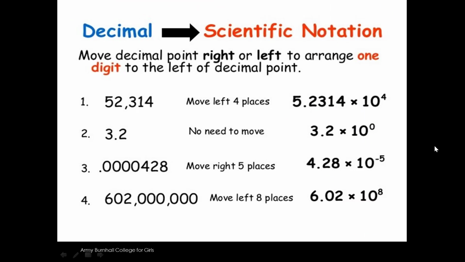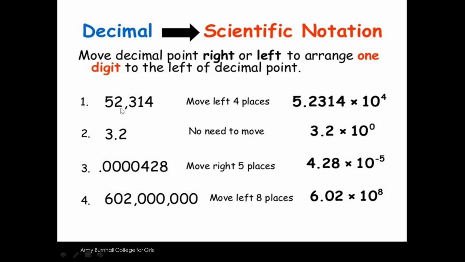Okay, so to convert any number into scientific notation, we have to move the decimal point right or left to arrange one digit to the left of the decimal point, and we have to add some 10 raised to power of a number.